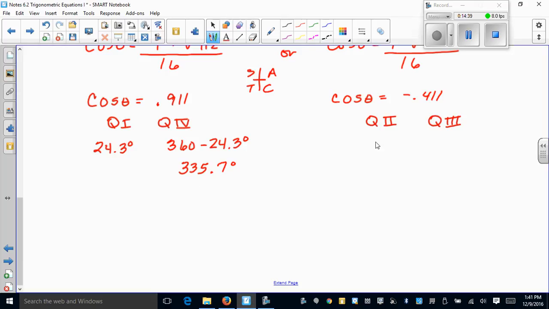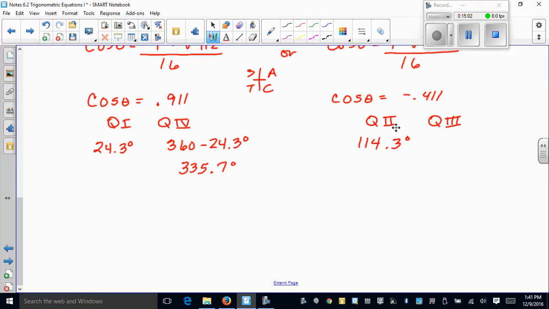Over here, quadrant 2, so I put this into the calculator, I'm going to get 114.3 degrees. Now to get to quadrant 3, I need to know my reference angle. You get your reference angle by putting this into the calculator as positive instead of negative.